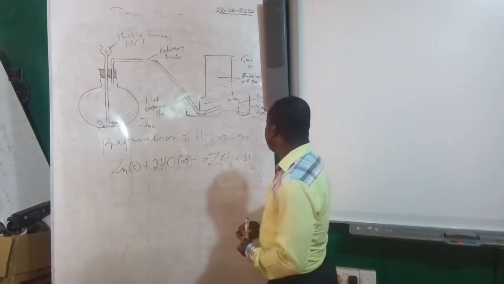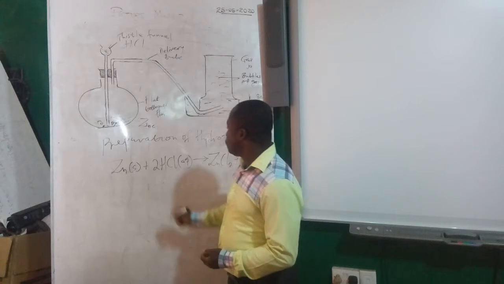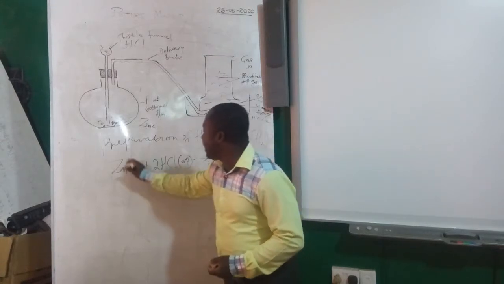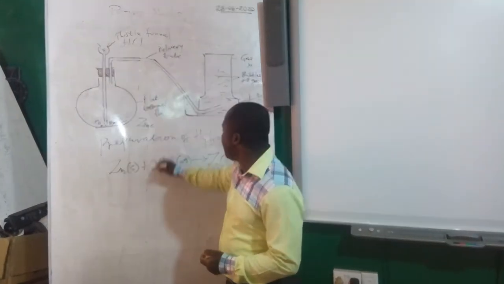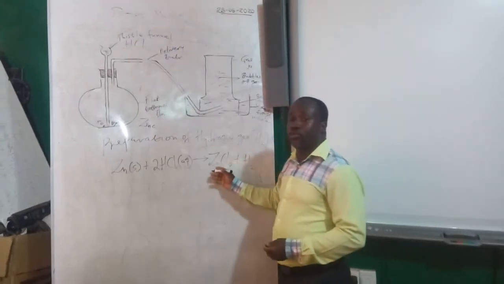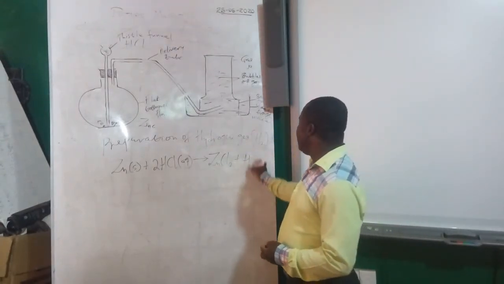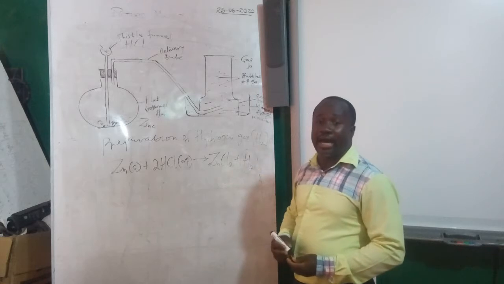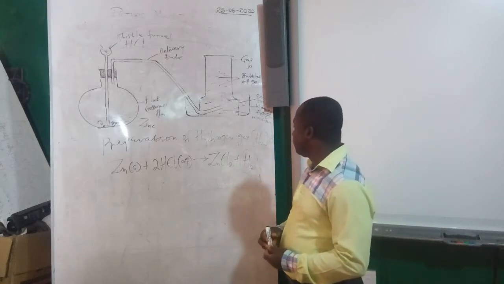The metal displaces the hydrogen in the acid to produce a salt, and we have hydrogen gas being liberated.